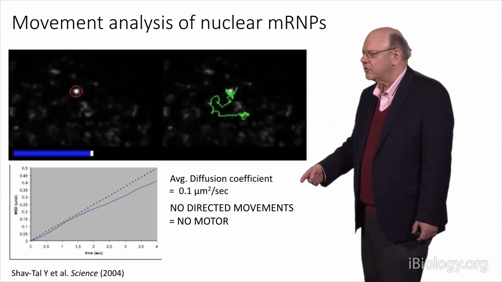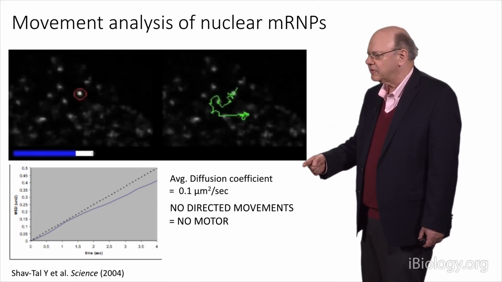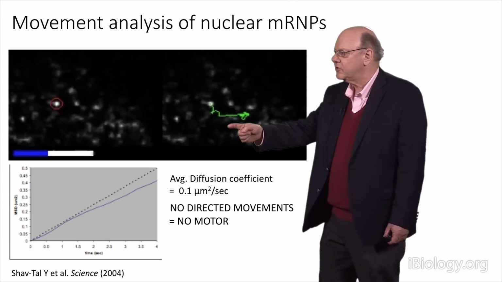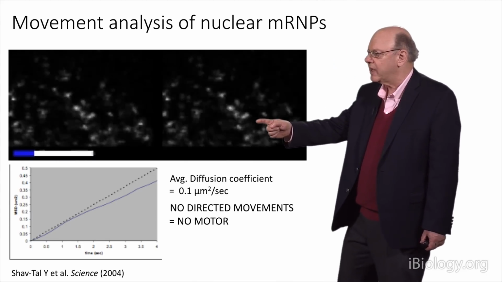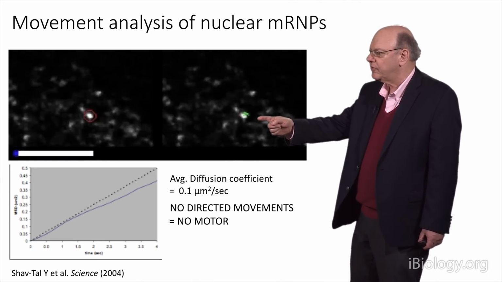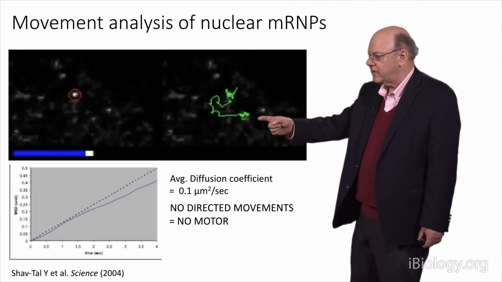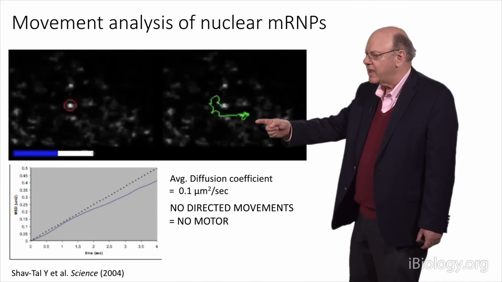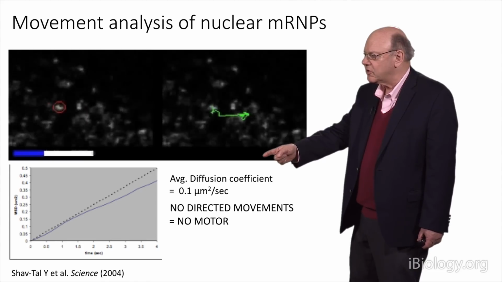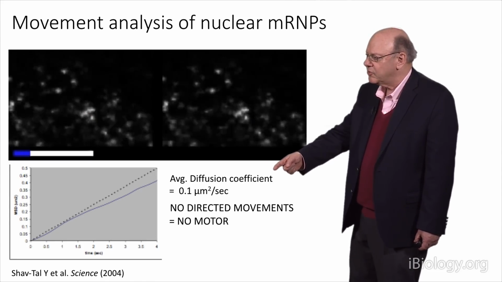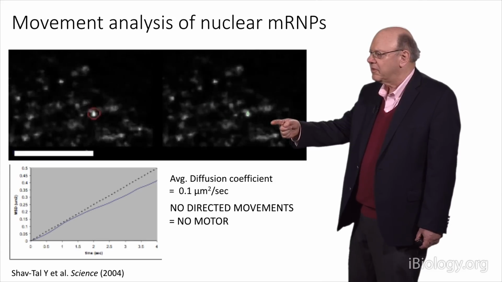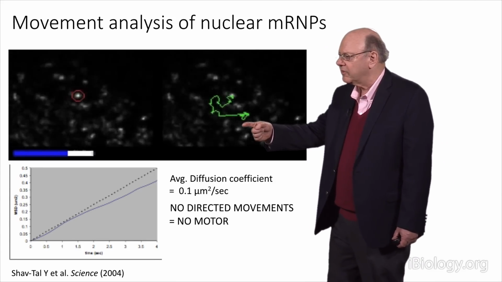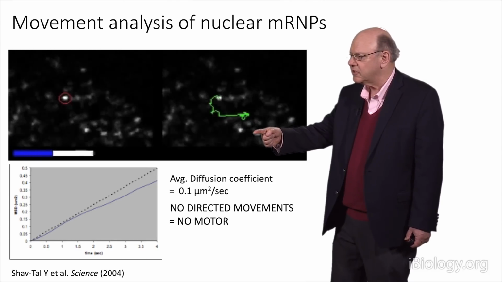So in order to prove that these events are diffusion, you have to track a single RNA molecule. And you do this by actually following a track of molecules in the nucleus after they've left the site of transcription. And you can measure the diffusion coefficient, and you plot their movement by squaring the distance that they've moved as a function of time.